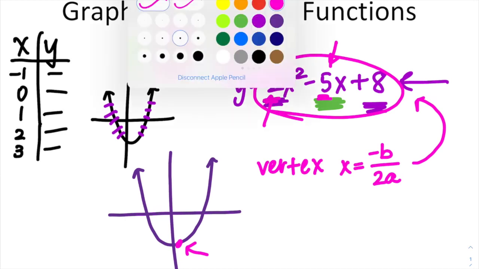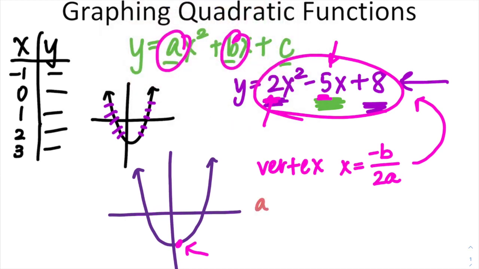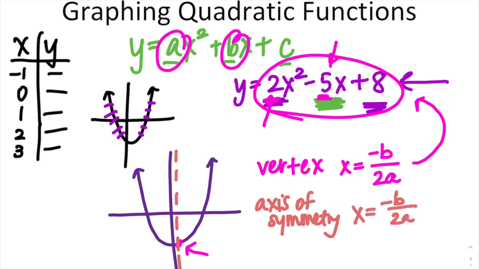The other feature you learned about was the axis of symmetry. And remember, the axis of symmetry always goes through the vertex. So the axis of symmetry is also x equals -b over 2a. These are the same.